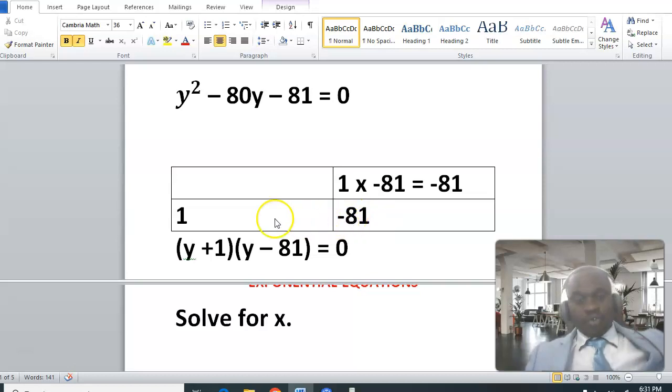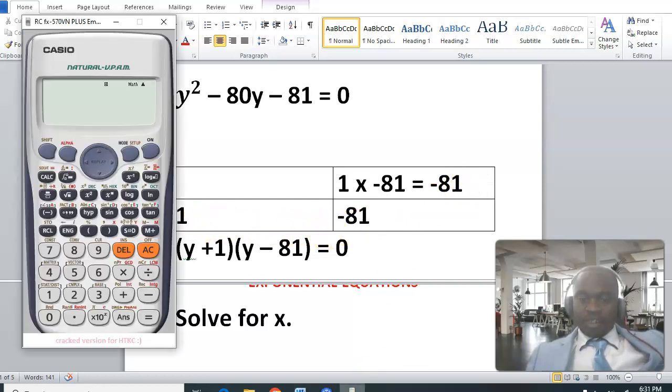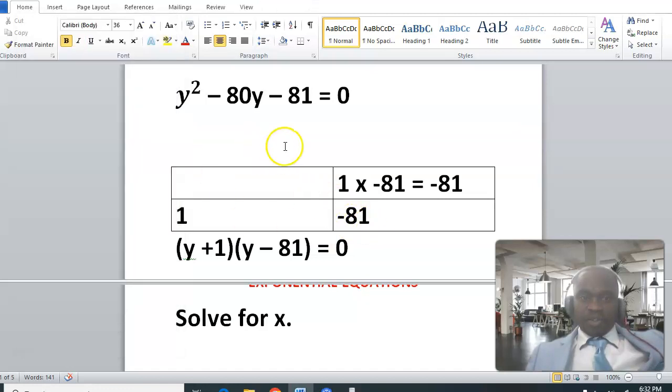Then you find two numbers or two factors. When you multiply, you get negative 81. So it starts with 1, 2, 3, 4. So 1 times what number will give you negative 81? It's 1 times negative 81. It's negative 81 divided by 1 gives you negative 81.